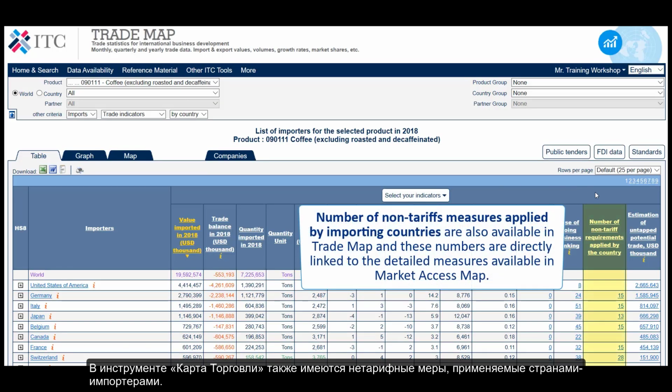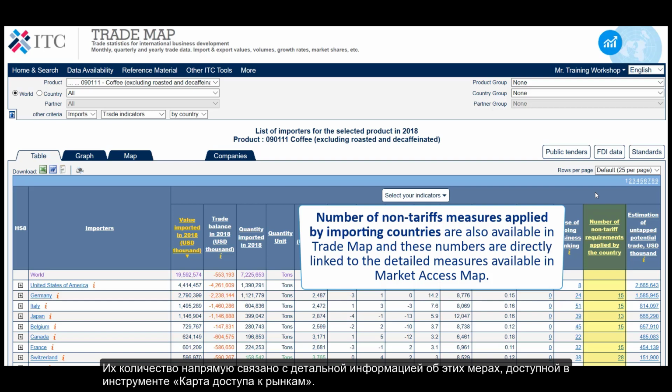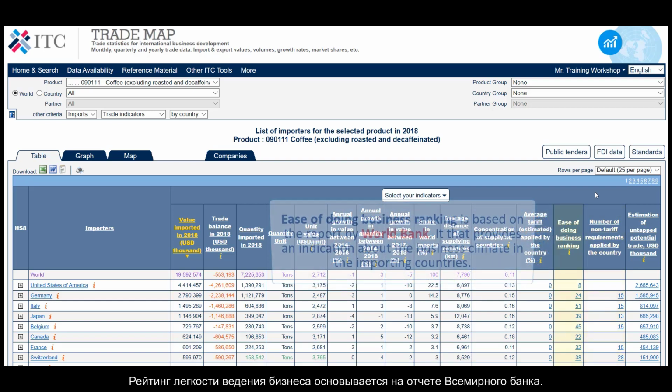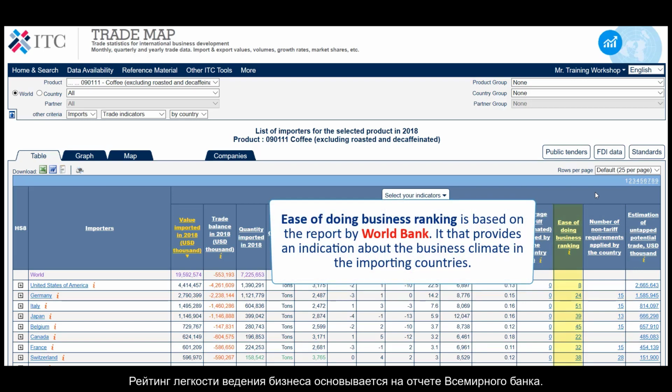Number of non-tariff measures applied by importing countries are also available in TradeMap, and these numbers are directly linked to the detailed measures available in Market Access Map. Ease of Doing Business ranking is based on the report by World Bank. It provides an indication about the business climate in the importing countries.